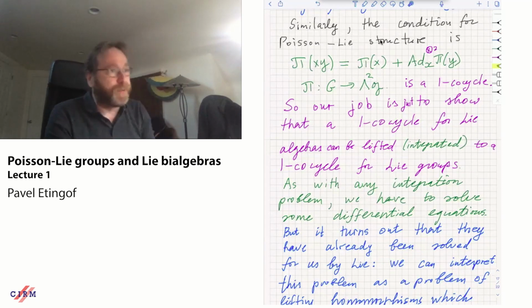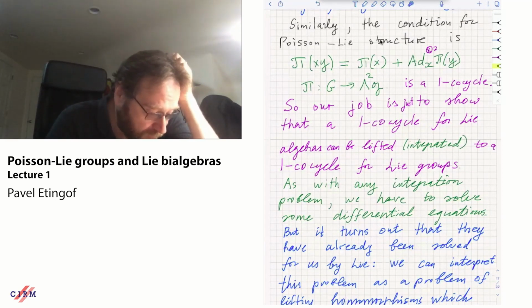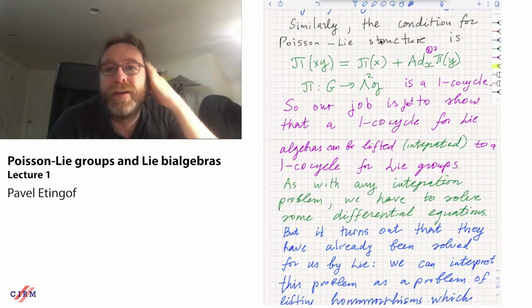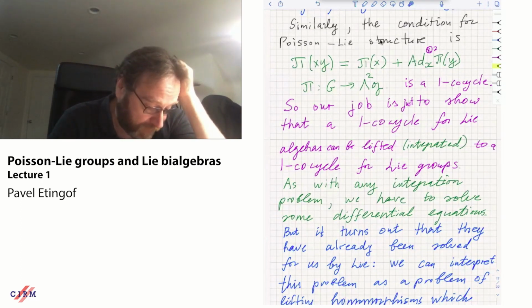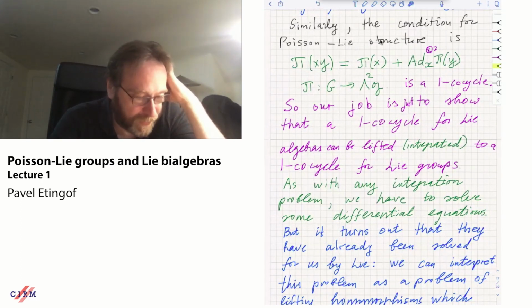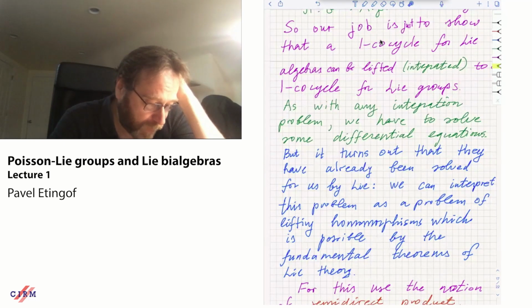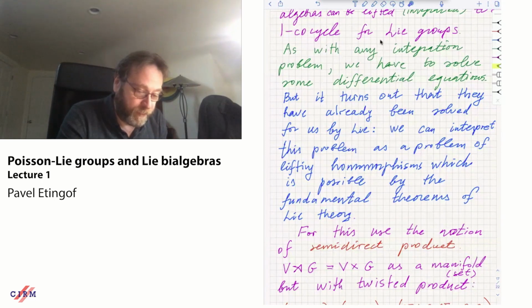So we can interpret one cocycles as certain kinds of homomorphisms of groups. And then the problem of lifting one cocycles from the Lie algebra to the Lie group turns into the problem of lifting homomorphisms. And that problem is a part of the fundamental theorem of Lie theory, so it has already been solved. And so for this, we will use the notion of semi-direct product of Lie groups.